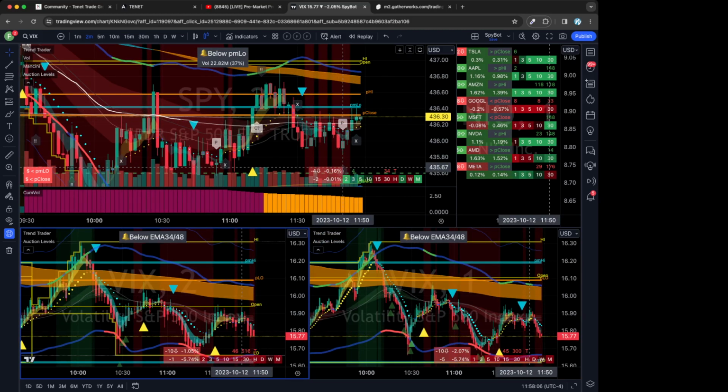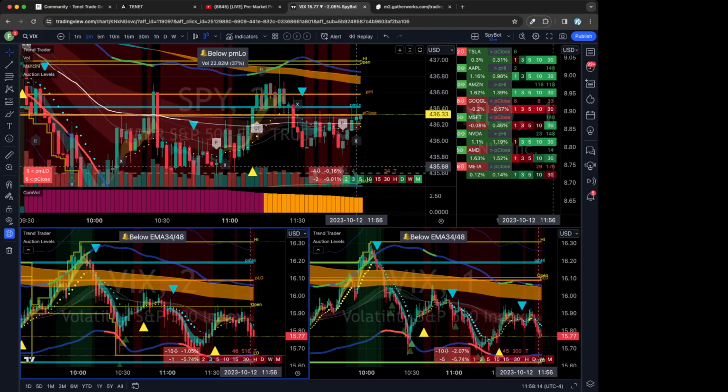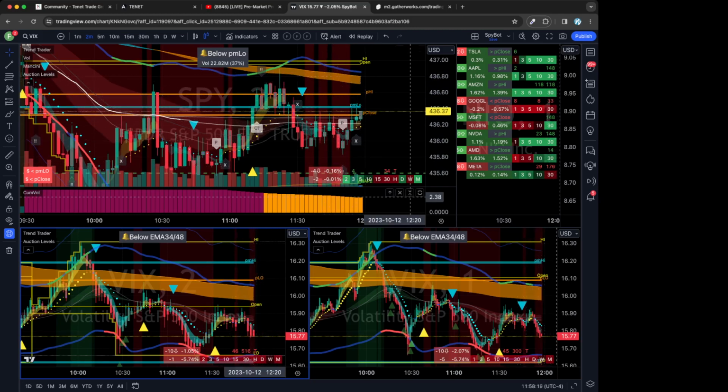Even though it looks like it wants to go up, it's really trying to go up, I suspect that at some point the buyers will get exhausted and you might see a dump down. It might go up as well. So you just don't know.